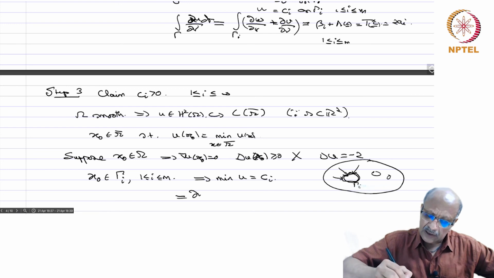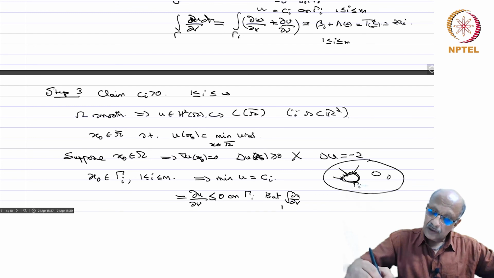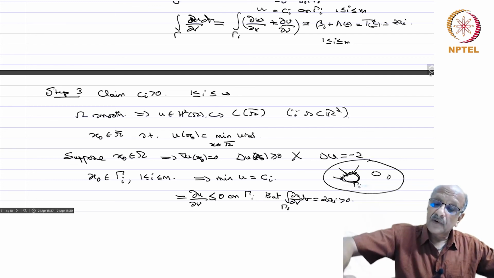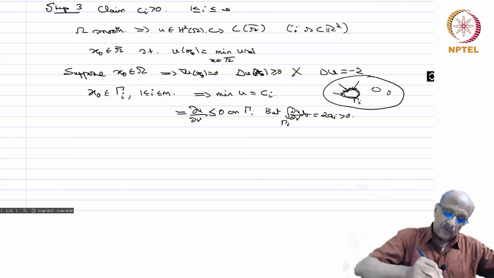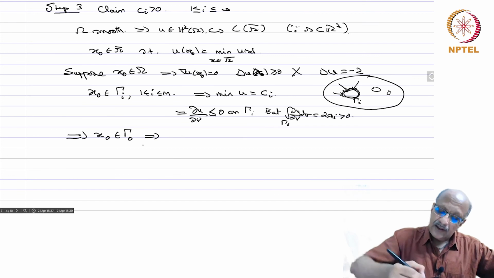So, this means that integral du by d nu is less than 0 on gamma I, but integral du by d nu on gamma I d sigma equals 2ai, which is strictly positive. So, again that is not possible. So, this implies that x naught must belong to gamma naught, and nowhere else.